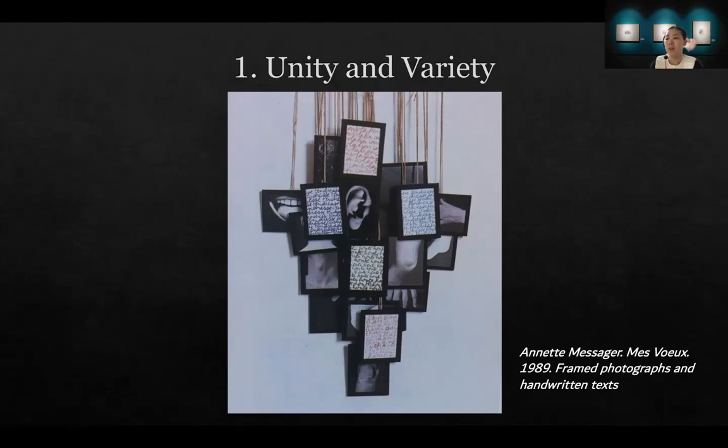So those factors can be variety in this work of art. But as you can see, unity and variety are always together in a work of art. So that gives us interest and pleasure in the oneness.